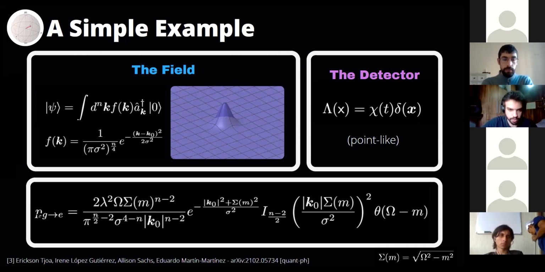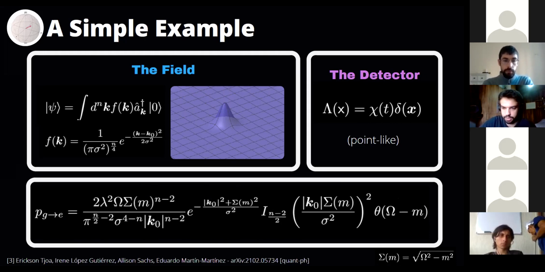Here, this is a big expression, okay? I would just like to comment on the fact that this is exactly the excitation probability obtained by Erickson, Irene, Allison, and Eduardo, except for the fact that here I have considered mass. So if you set mass equals 0, you obtain exactly what you obtained there. But there's this distinguished thing, which is this Heaviside theta of the detector gap minus the mass of the field.